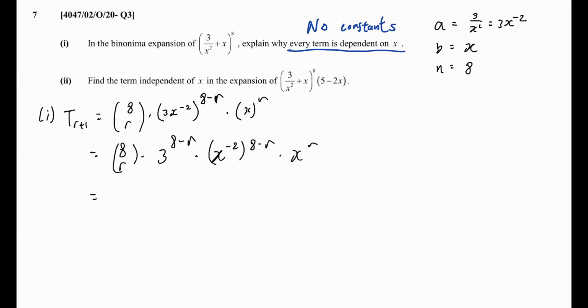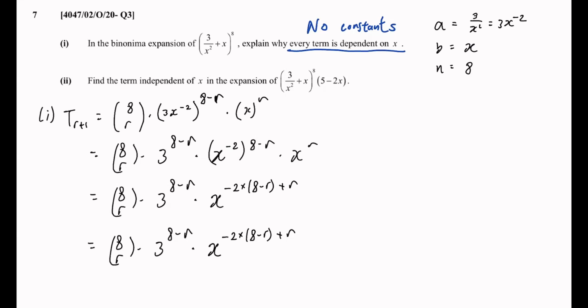Copy down the exact same thing, but this time we simplify. So x power -2 times 8 minus r plus r. Simplify a bit more. We get minus 16 plus 2r plus r. This is really just 3r.